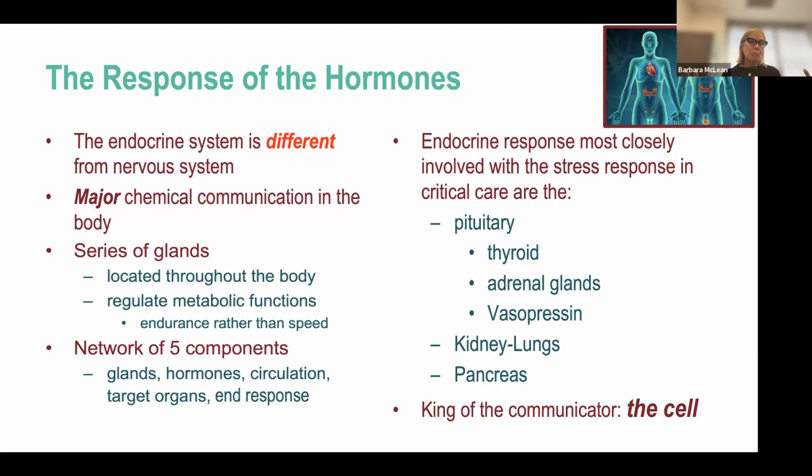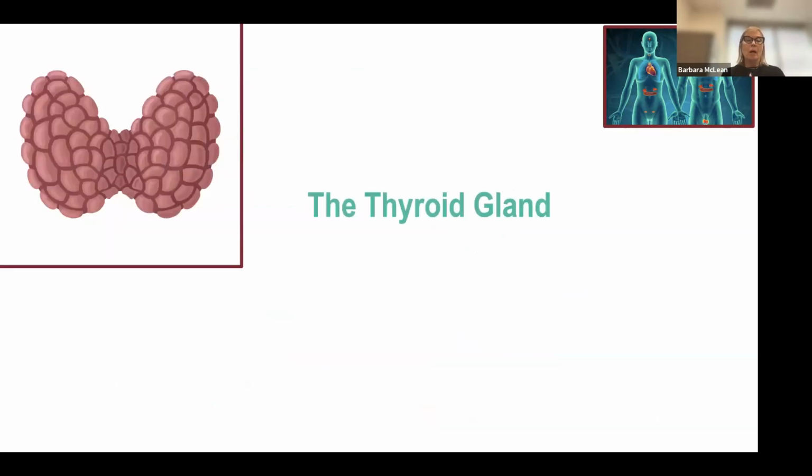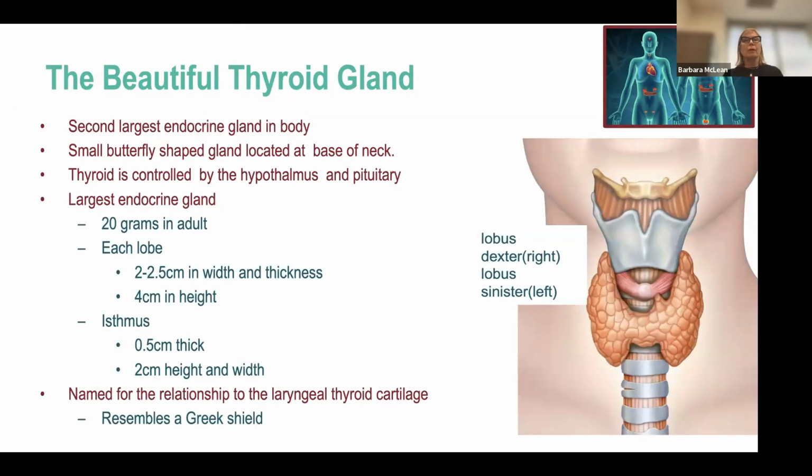It's the cell that is requesting the hormone, and it will be the cell that says, I've had enough hormone. So stimulator and terminator is ultimately the cell. All right, so that's just a very quick down and dirty look at overall endocrine function when we're talking about critical patients.